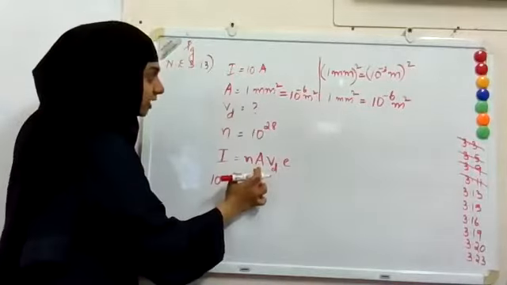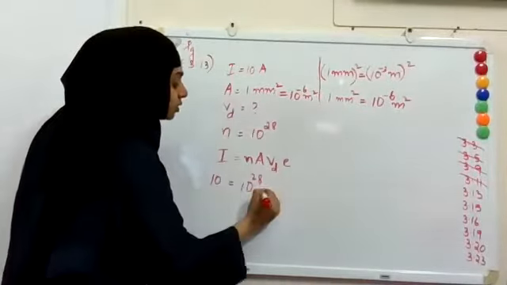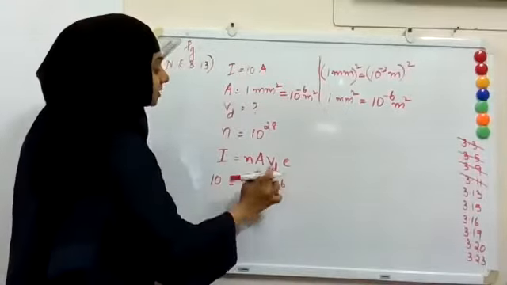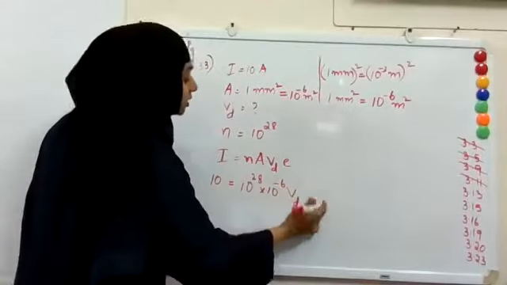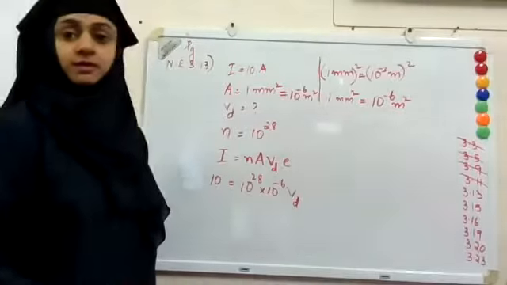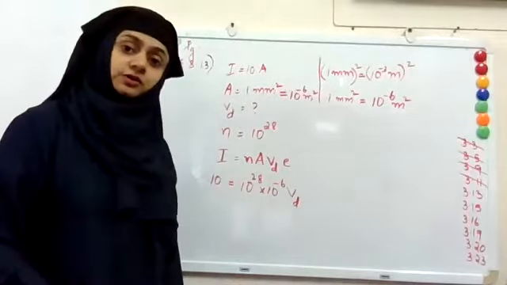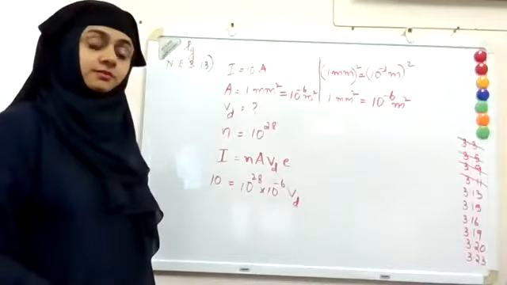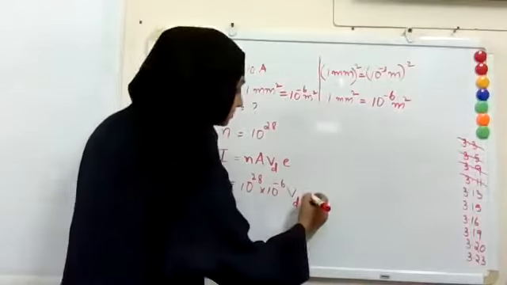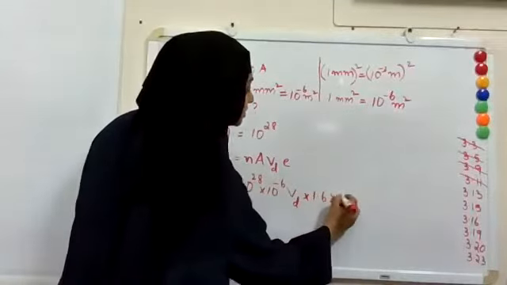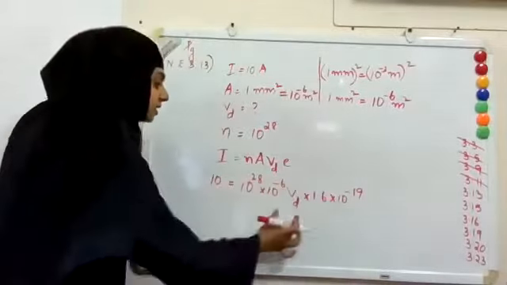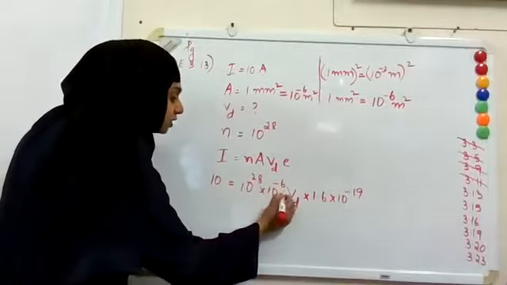So instead of A, we will put 10 raised to minus 6 meter square, and for drift velocity, we have to find out. What is the value of e, the charge on an electron? 1.6 into 10 raised to minus 19 coulomb. So we got all the quantities here. The question is, what is VD?